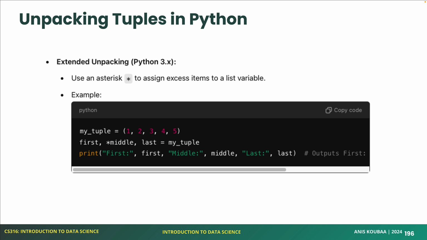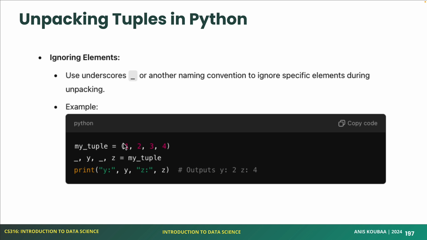We need to write a star. If you don't write the star, it's going to be an error. You can use underscore if you want to ignore specific elements. And all of this also applies to functions in the same way. So you can think of the output of a function as always a tuple.